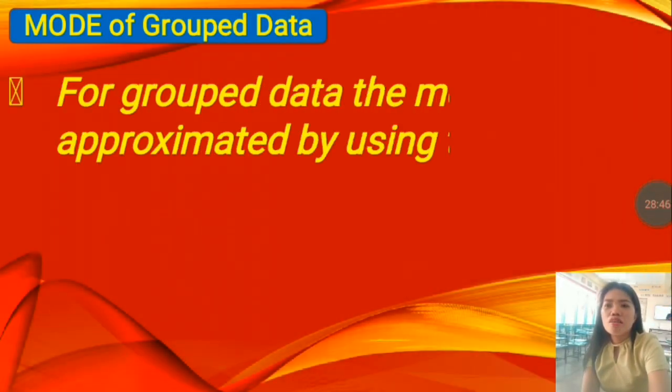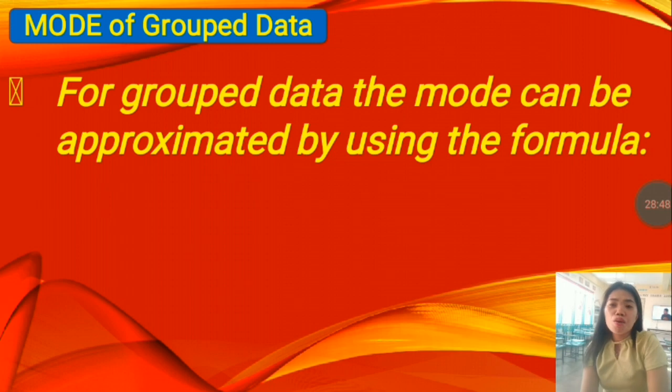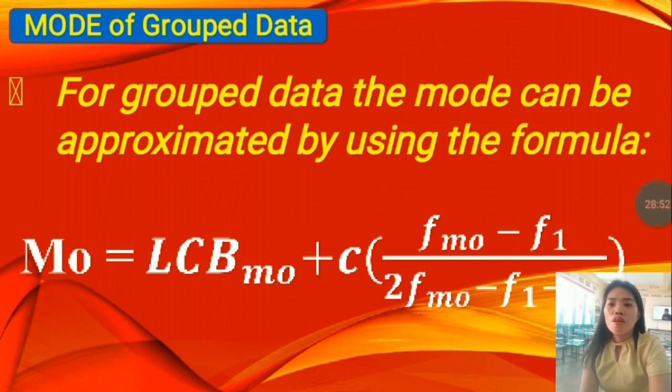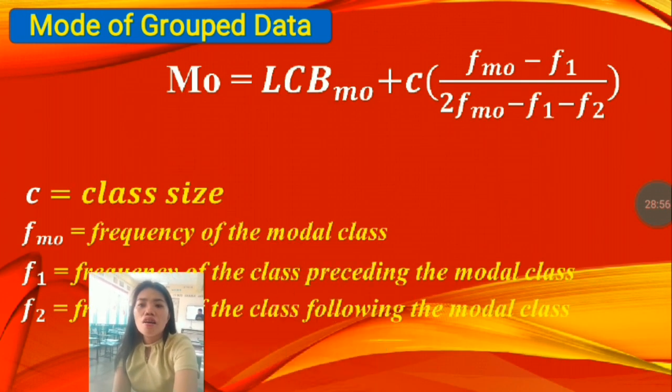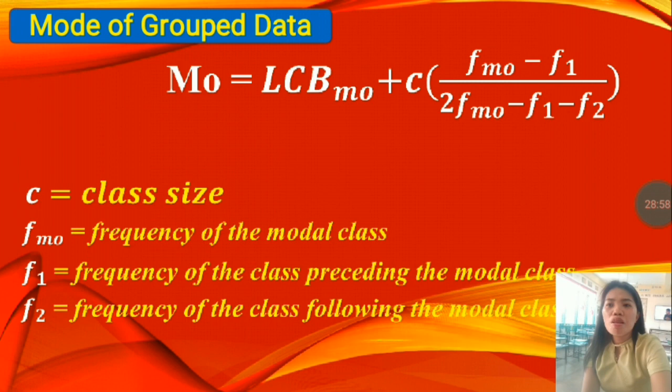Okay, now let us proceed to the mode for grouped data. For grouped data, the mode can be approximated by using the formula. Okay, so you have it there. The formula for the mode is on top.